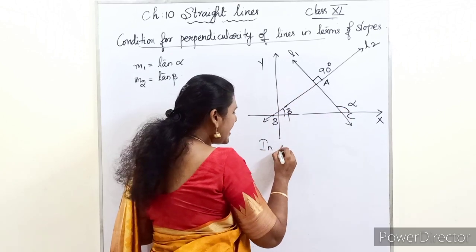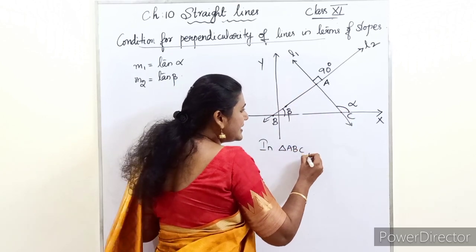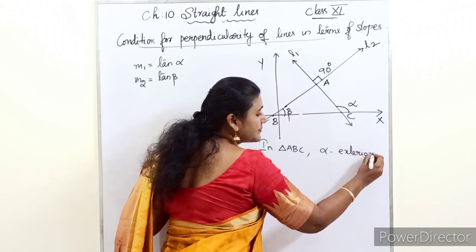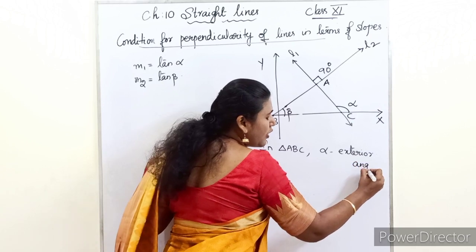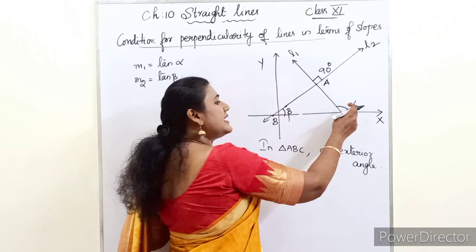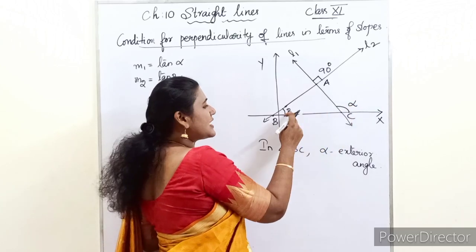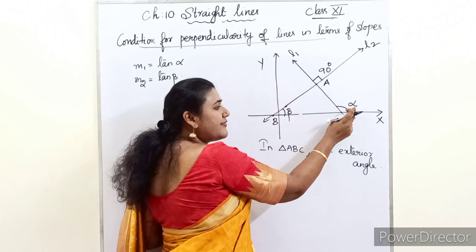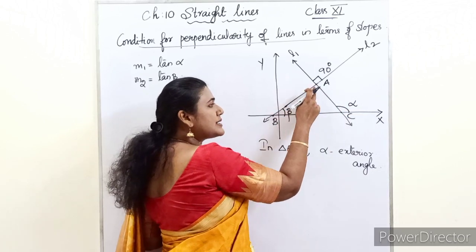So in triangle ABC, this alpha is the exterior angle. So we know the property of exterior angle: the exterior angle is equal to the sum of the interior opposite angles. That is, this alpha will be equal to beta plus this angle.